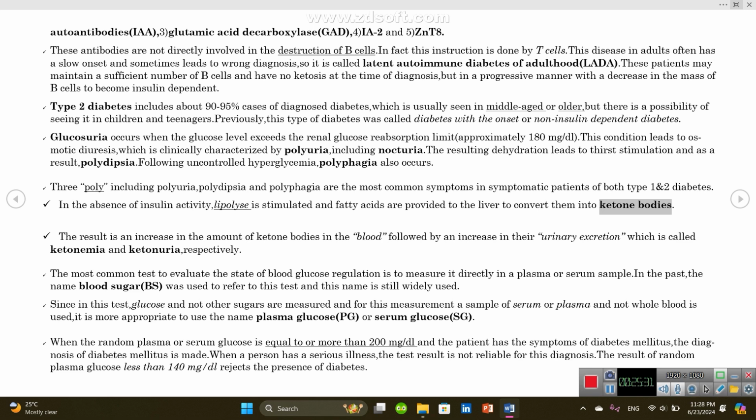The result is an increase in the amount of ketone bodies in the blood, which means ketonemia, followed by an increase in their urinary excretion, which is called ketonuria. Ketonemia and ketonuria, respectively.